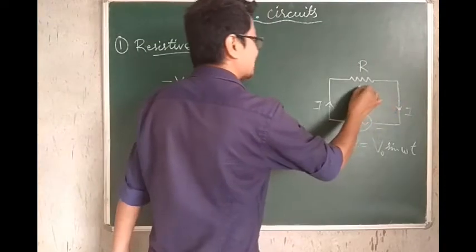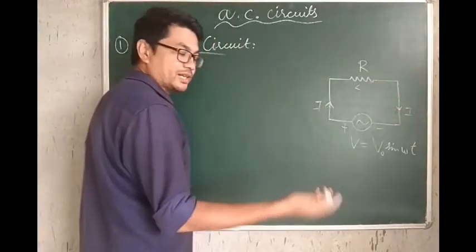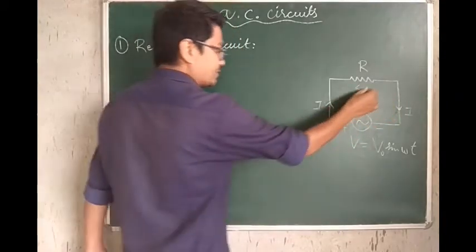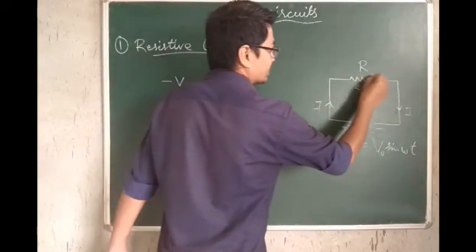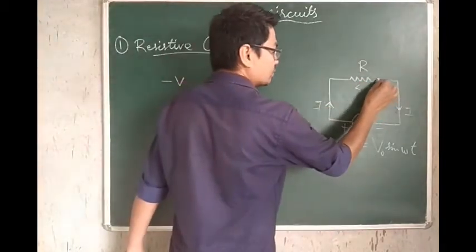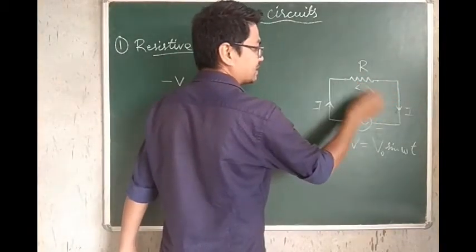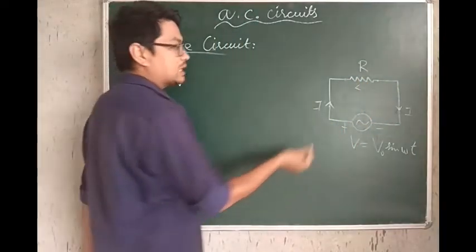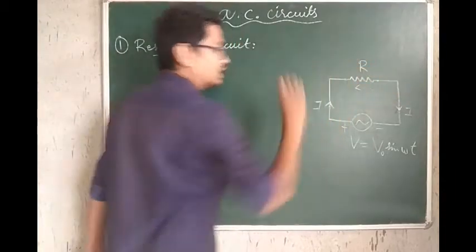Then we encounter the resistor, of course, the only component left is the resistor. When we come across the resistor, we move opposite to the direction of the current, of course. So we are moving from lower potential to higher potential, because current always flows from higher potential to lower potential.